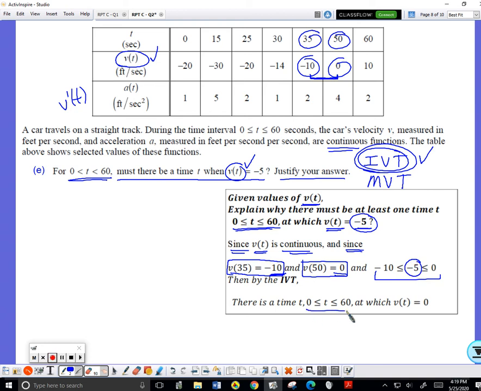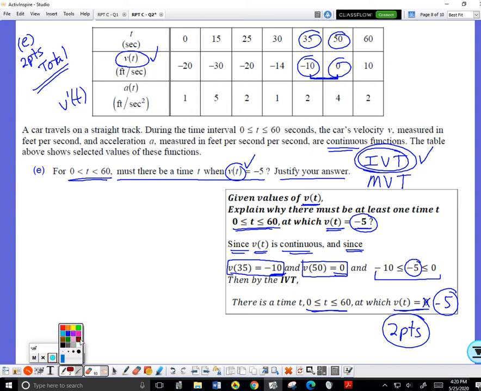Therefore, there has to be a time where the velocity is, that's where I would have lost my point, it has to be negative 5. And that would be worth 2 points. So this part E is 2 points total. Now you can get one of the 2 points if you show, like with my mistake, I would have gotten one of the 2 points because I did correctly show this information right here.